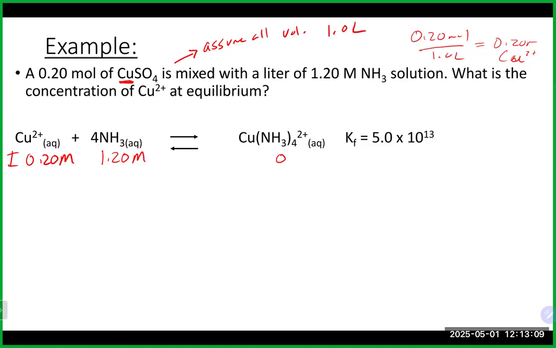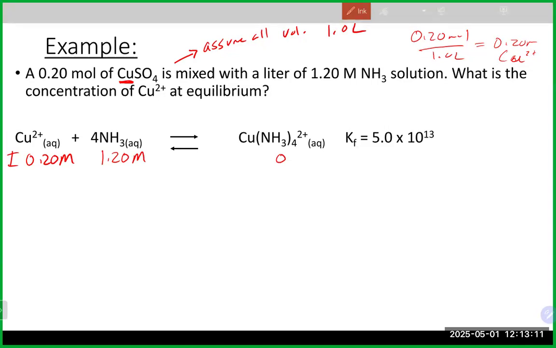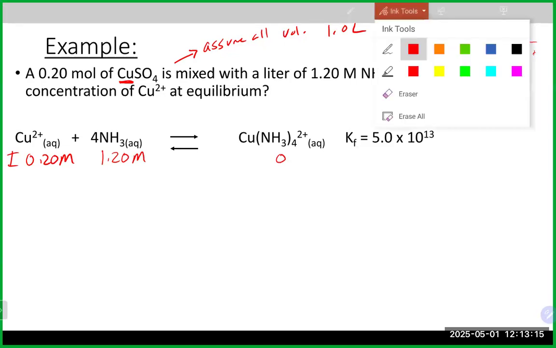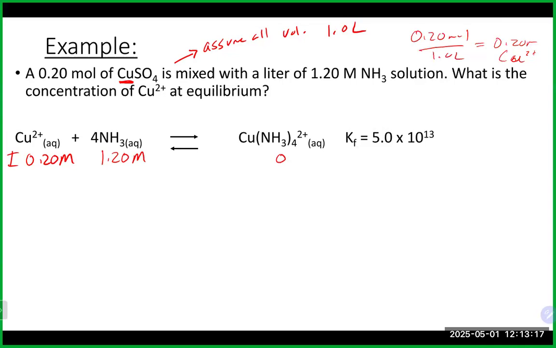Now, if we were going to do this ICE table like normal, and we typically would do it in molarity, we would normally go through and do a minus x for copper, a minus 4x for ammonia, and a plus x on this side. That's normally how we would do it.